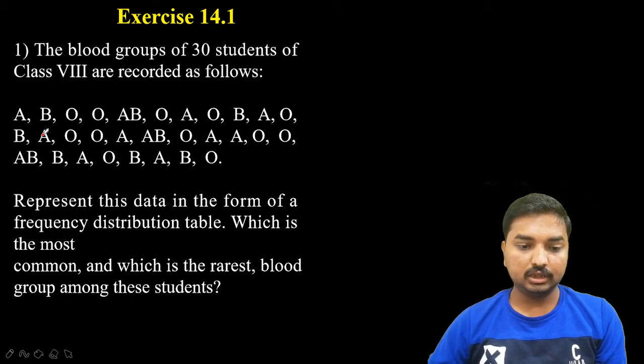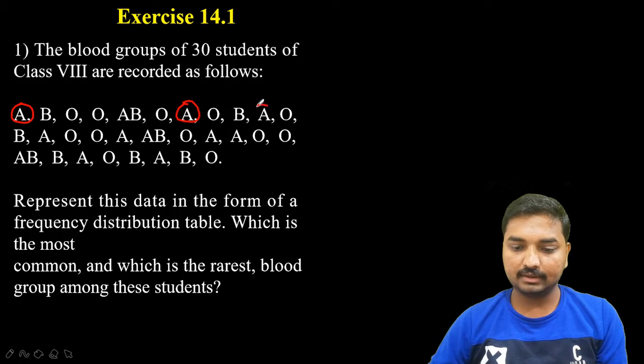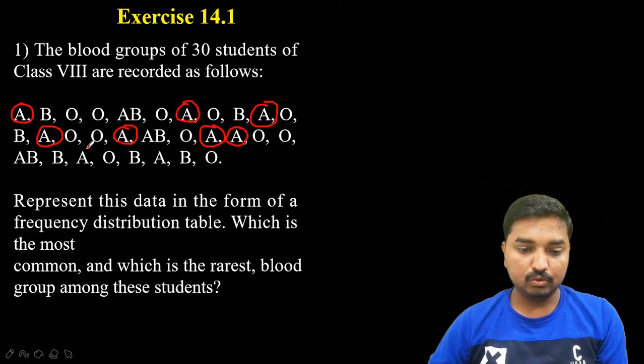Now if you look at the table, I think you can identify here. The first person has the blood group A. The same blood group may be held by another one. Look here, one more person having blood group A. Is there any one more person? Yes, here is one more person, and here one more person, blood group A, and here one more person, blood group A, and here one more, and in the last column 2 more persons are there.